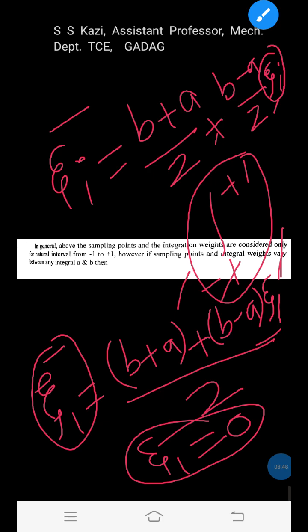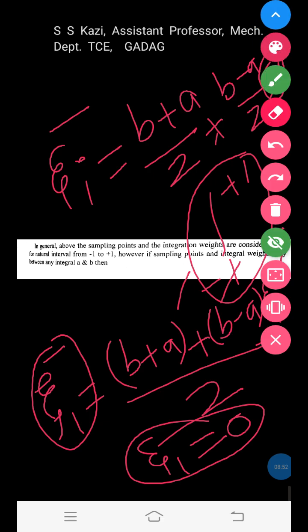This is how we need to calculate W1 bar, W2 bar and so on, zeta 1 bar, zeta 2 bar and so on. Once we know these new values of sampling weights and sampling points, we just substitute into the formula of the Gauss integration method, and we will get the value of the integral.